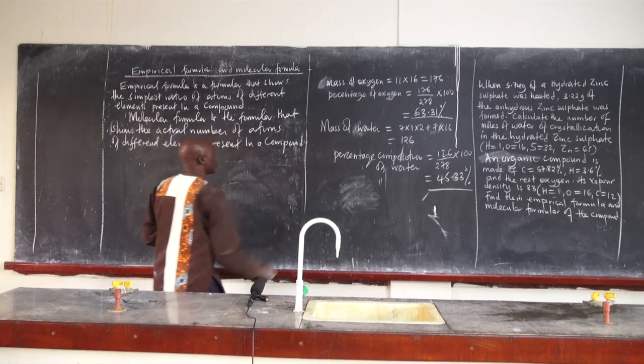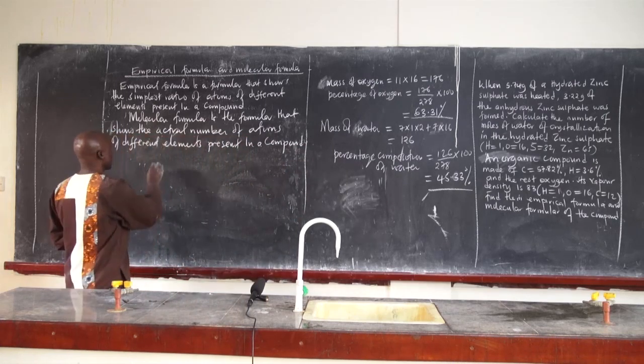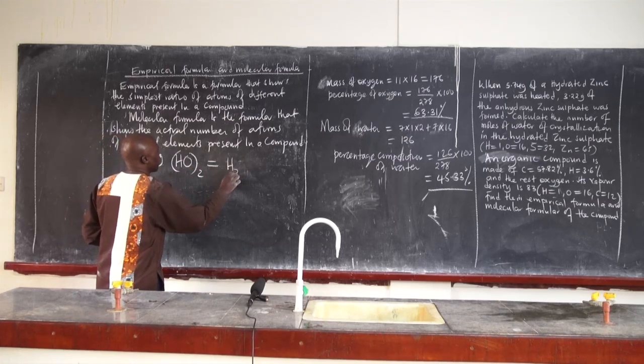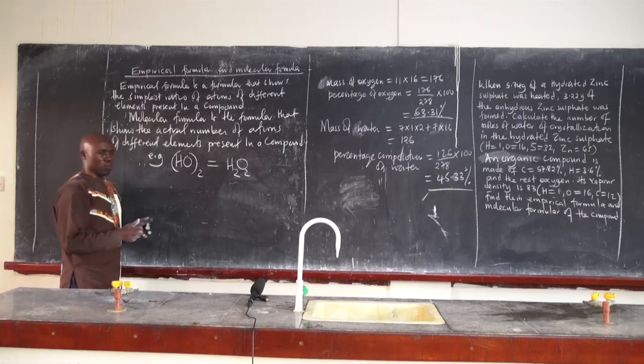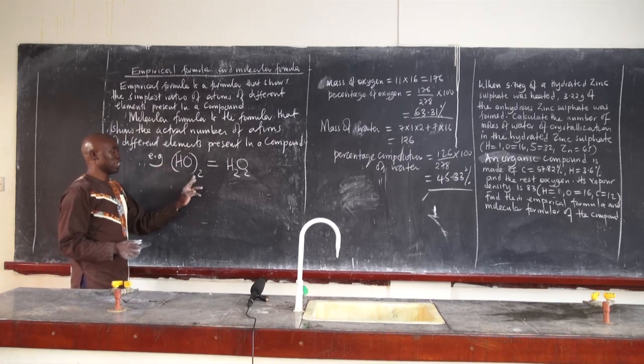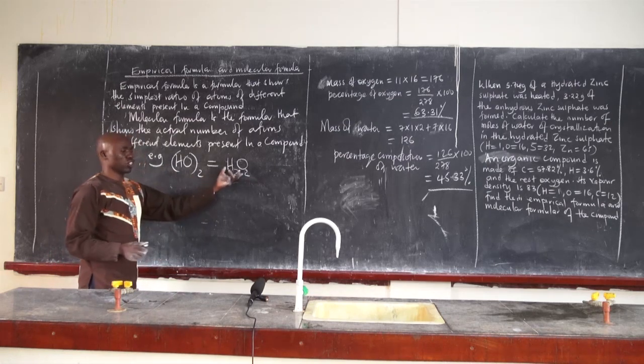So it shows the actual number of atoms. So for example, you can have a formula HO, but if multiplied by 2 it will give H2O. So this formula is called empirical because it's just showing the reduced ratio of the actual formula.